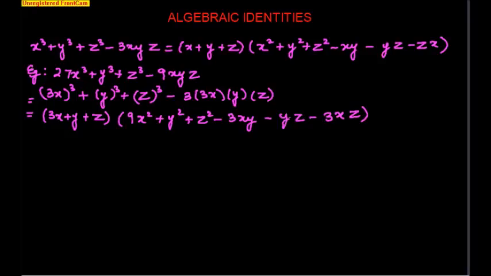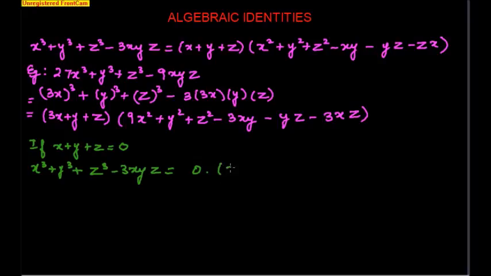Now following this, there is an important rule that if I say x plus y plus z is equal to 0, then in the above identity, this can be written as 0 into x square plus y square plus z square minus xy minus yz minus zx, which becomes equal to 0.